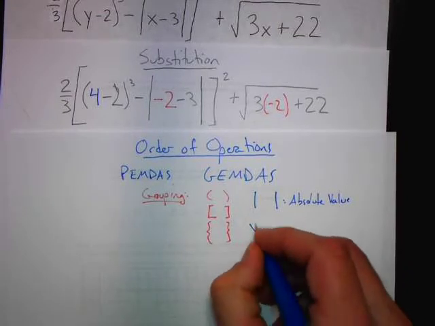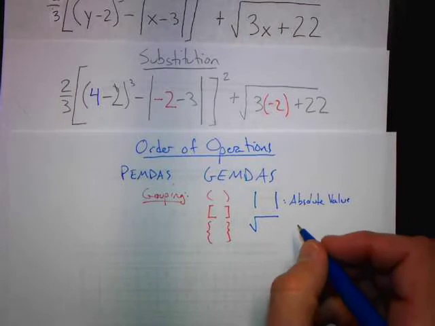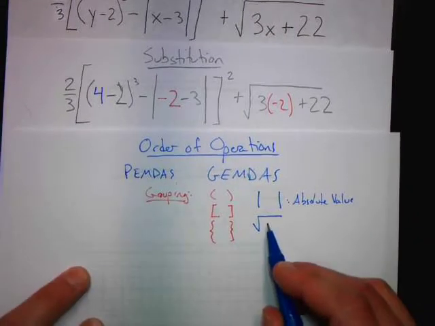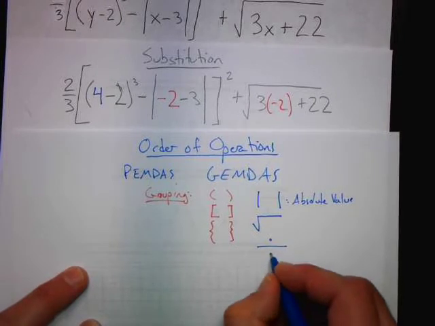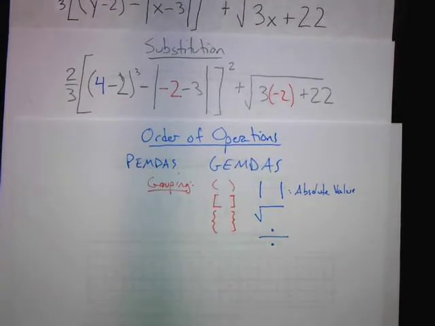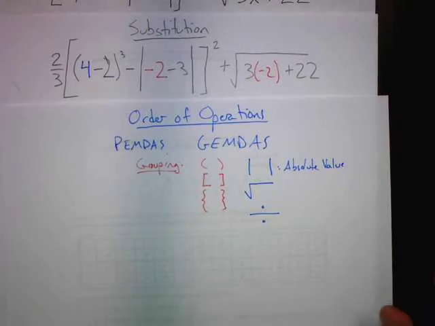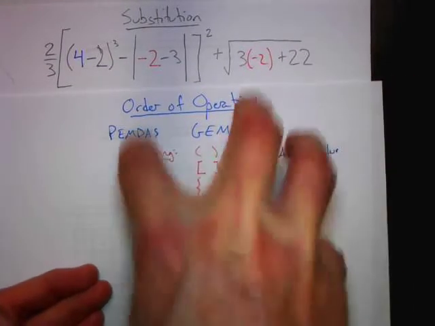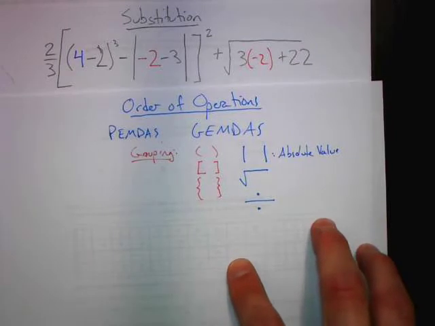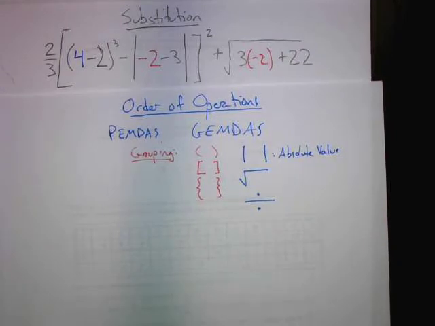And here's another operator, the square root. The square root is an operator, but it also is a grouping symbol, and also the giant division bar. The giant fraction bar is an operator, and it's a grouping symbol as well. So when we're talking about order of operations, we have to work inside our grouping symbols first. And that's kind of an important thing.